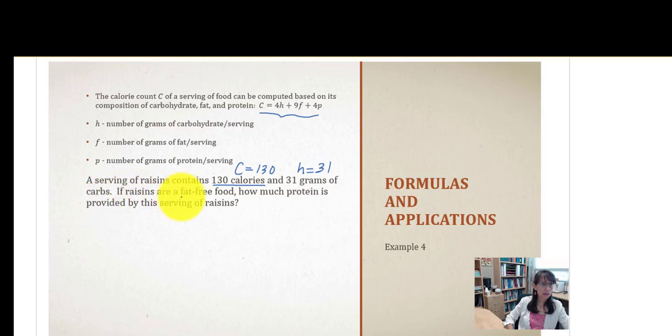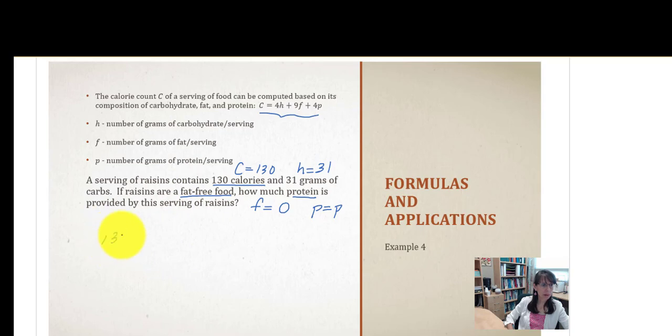And it says raisins are a fat-free food. So that means fat would be 0 grams. So that's important to know. The question is how much protein is provided by this serving of raisins. So if we are not given a value for P, then we need to keep the variable. Let's substitute what we were given then.